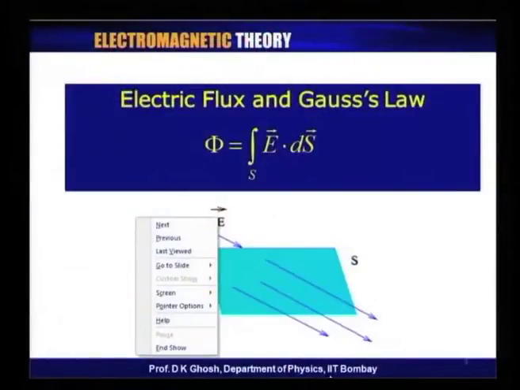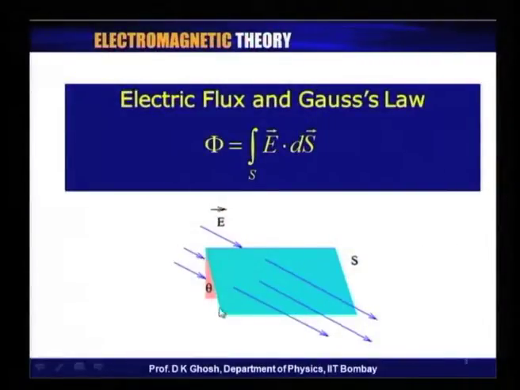Now, in this particular example, what we are showing is a surface, and there is an electric field which is coming, and the direction of that surface is perpendicular to the surface S, and as a result the electric field makes an angle with the direction of that surface.